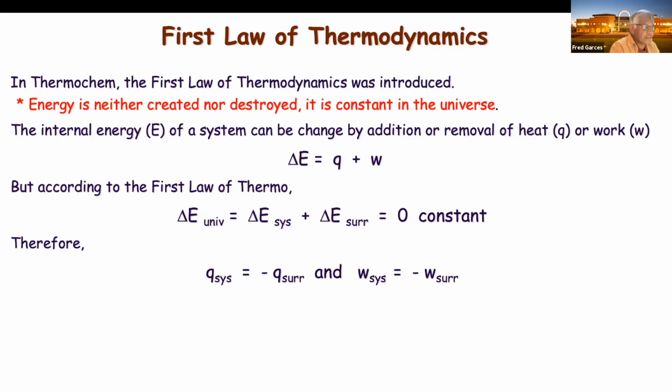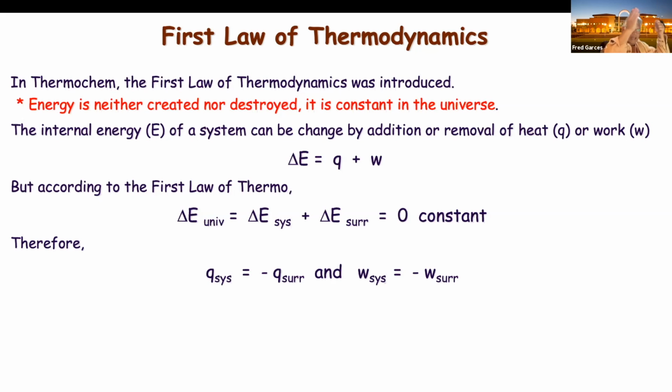Therefore, if energy is conserved, and internal energy equals the heat plus the work, then we can also say that the heat of the system is equal to negative the heat of the surroundings. Whatever the system releases in terms of heat, the surroundings has to absorb. Those are the only two components in our universe.